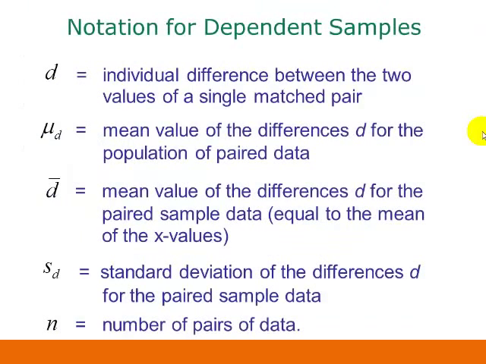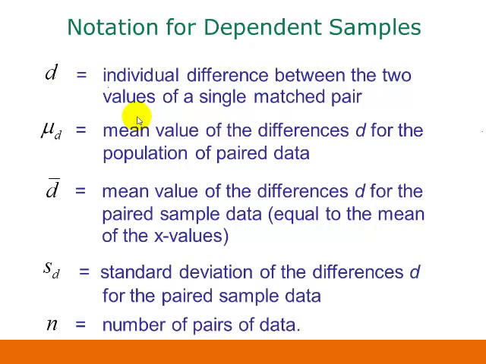Here's the notation for dependent samples. And again, remember that in this case, we're actually going to find the differences between each pair of values, and then we're going to find the statistics for those differences. So D here is going to stand for the individual difference between two values of a single matched pair.